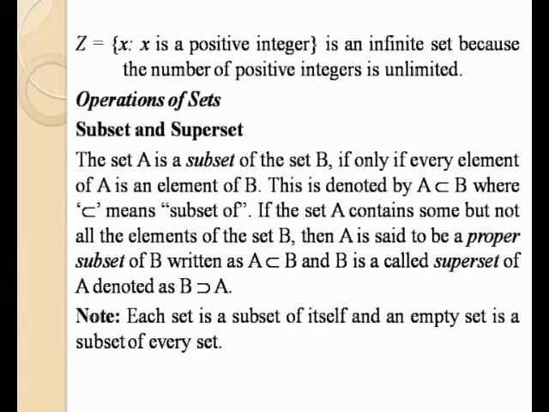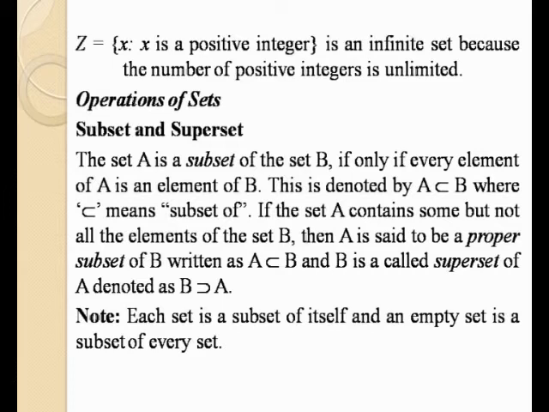If the set A contains some but not all the elements of set B, then A is said to be a proper subset of B, which is written as A ⊂ B, and B is called a superset of A, denoted by B ⊃ A.